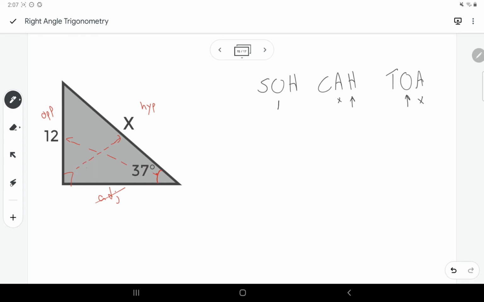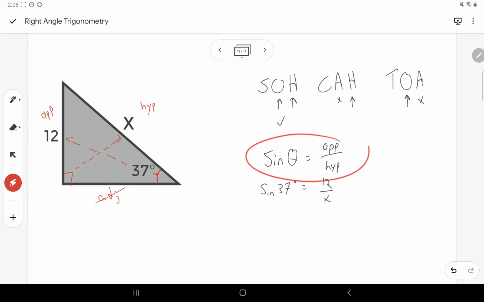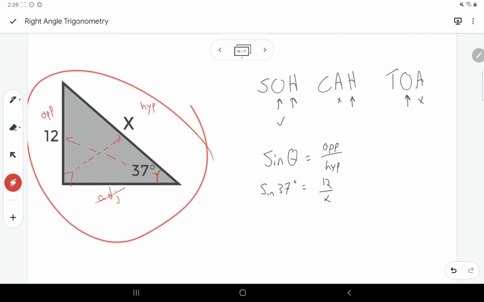Look at sine, it has the opposite, it has the hypotenuse, so that's the one we're going to use. So then we'd start setting up this equation. We'd use sine of theta equals the opposite over the hypotenuse, and then we could fill in the values that we know. Sine of 37 degrees equals 12 over x. And then we could solve it from there. We've done videos on that. I'm not going to take this to the solution. The point is we figured out what ratio to use just by looking at the triangle.